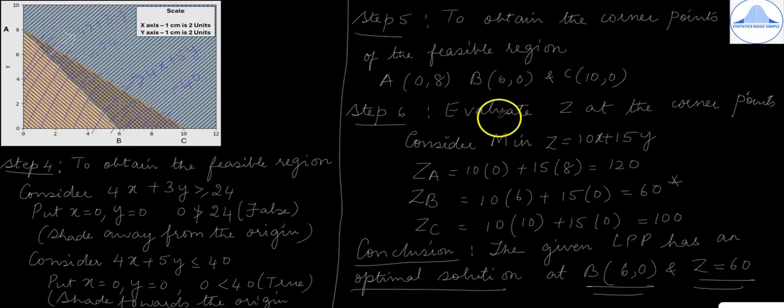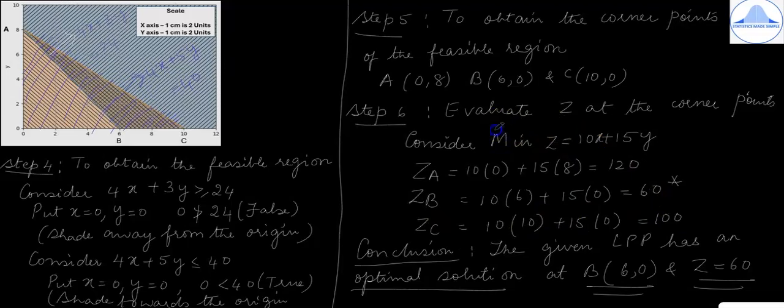Now the last step is to evaluate Z at the corner points. Take the objective function, minimize Z equal to 10x plus 15y. Then find the value of Z at the point A. You will get 120. Similarly, find Z at point B, you will get 60, and evaluate Z at point C, you will get 100.